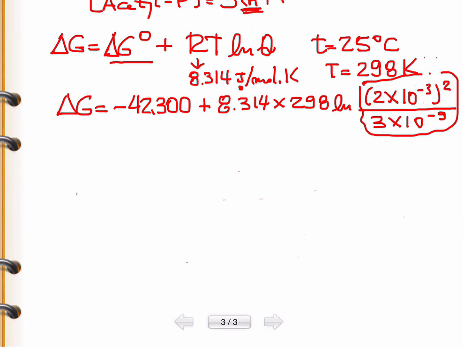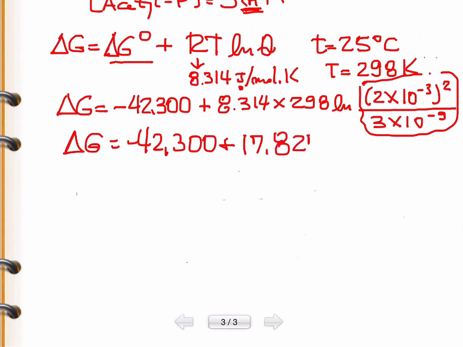All right, so we take the logarithm of that, it's going to give 7.19. That's again the natural logarithm, and multiply that by 298. I'm using the calculator. You can use the calculator there as well, and multiply by 8.314. All right, so let's repeat here. Delta G equals minus 42,300, plus this whole thing here that gave 17,827.